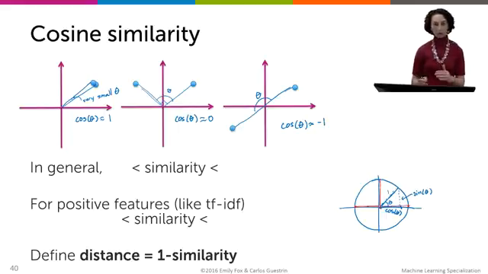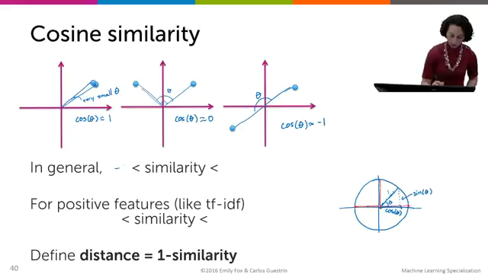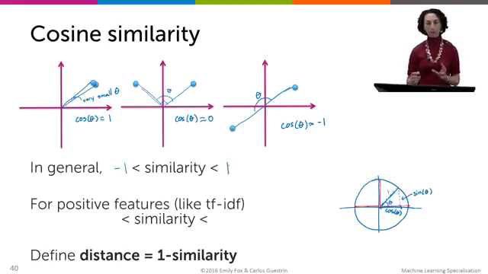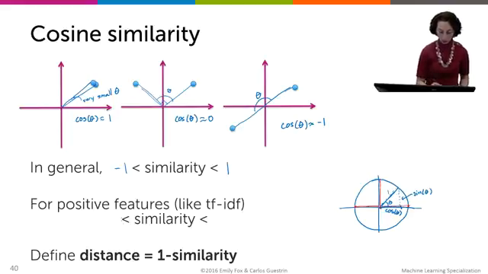Okay, so in general, cosine similarity can range from -1 to 1. But if we restrict ourselves to having just positive features, like we would if we were looking at a TF-IDF vector for a document, then we could never have this example here. We're always going to be living in the positive quadrant, so our angles are going to range from 0 to 90. So our cosine similarity is going to range from 0 to 1. Okay, so this is going to be our focus.